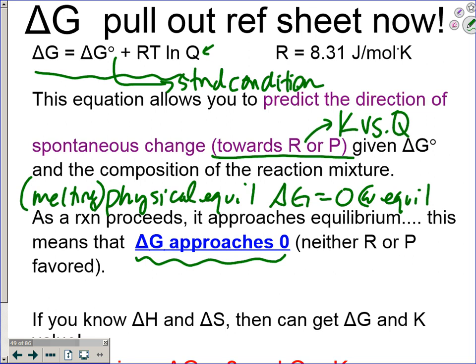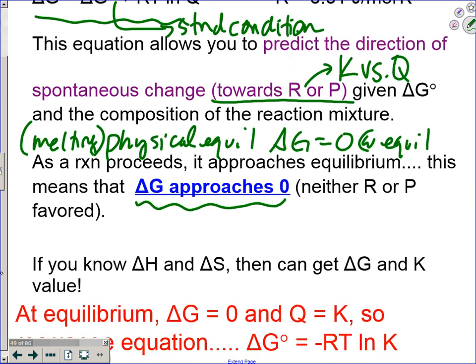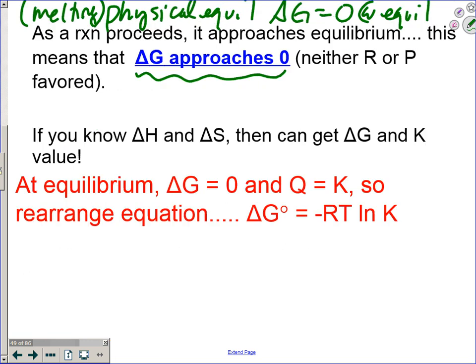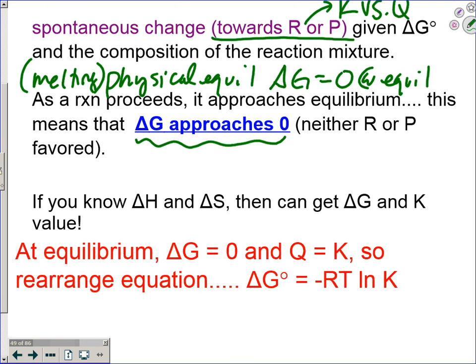Okay, but we always say the reaction proceeds to the point where delta G is equal to 0. Notice I did not put a knot there. So this is conditions, any conditions given for a scenario, not just 1 molar and 1 atmosphere and temperature is 25. So what we do is that equation I had at the very beginning: at equilibrium, delta G is equal to 0, but once I'm at equilibrium, Q should therefore equal K, because that is the situation at equilibrium.